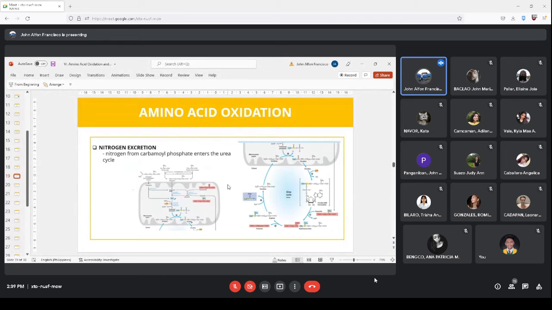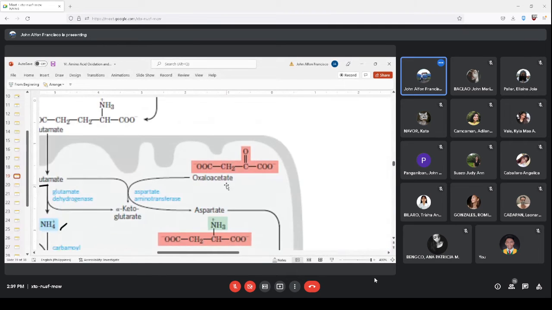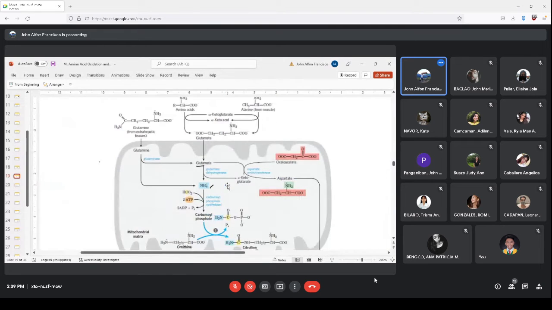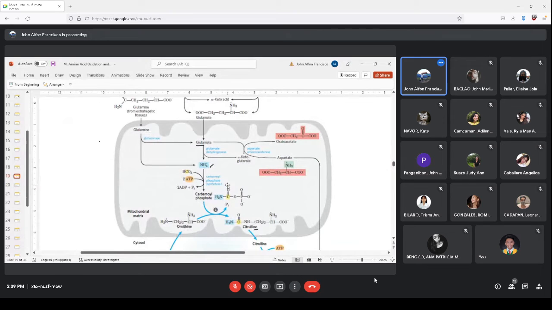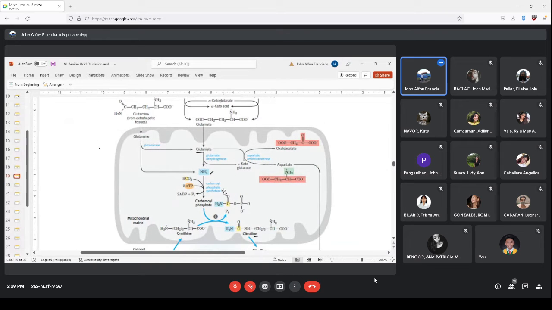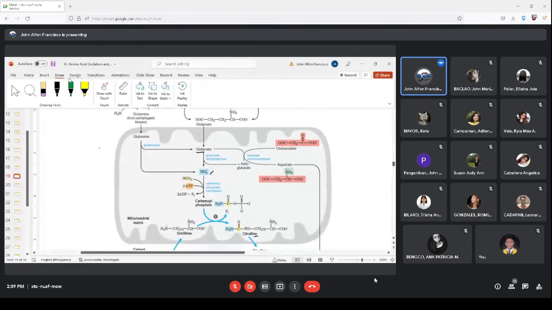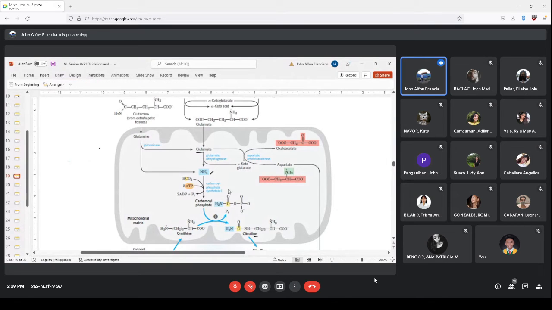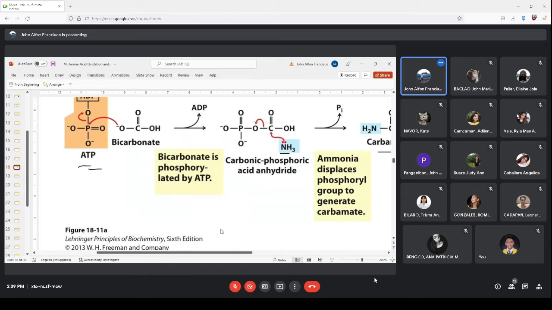Okay. So isa-isahin natin. So we have explained what happens to your ammonia. So using the carbamyl phosphate synthase, and have your carbamyl phosphate. Actually, ng carbamyl phosphate natin.